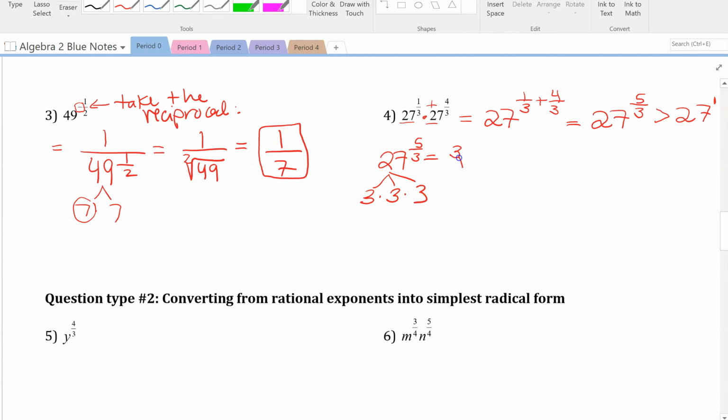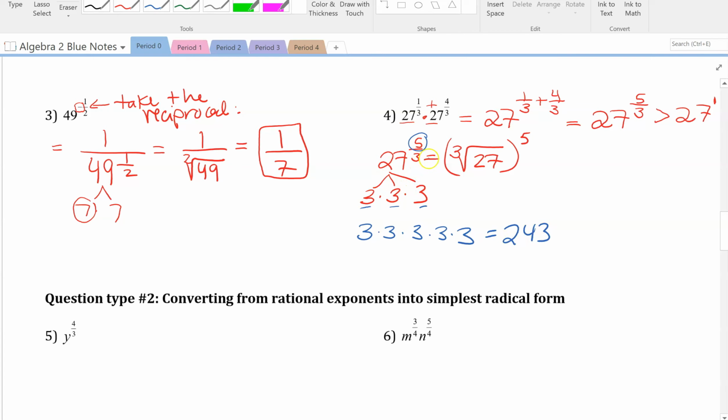That's the cube root of 27 is 3. And this is saying that we need 5 of those factors. So I would need 3 times 3 times 3 times 3 times 3, 5 of the 3 factors that multiply to equal 27. And that equals 243. So that's the way I like to think about it, right?